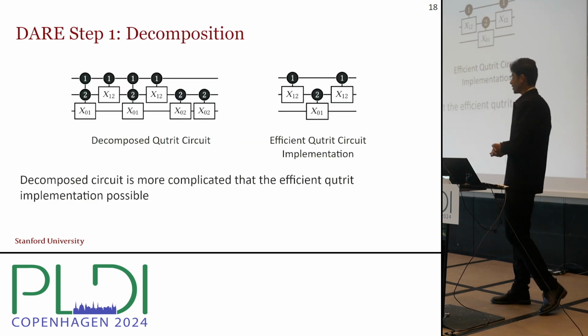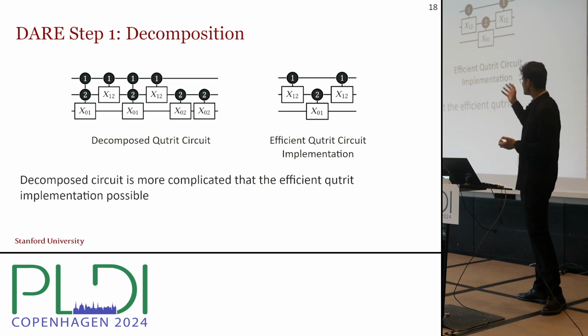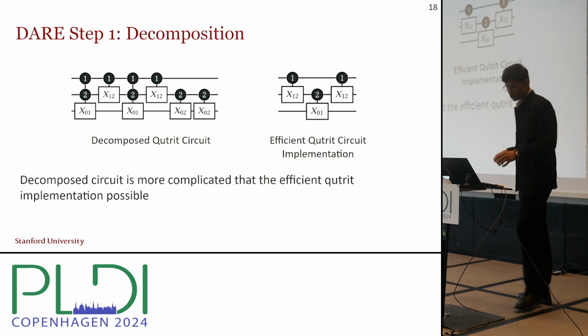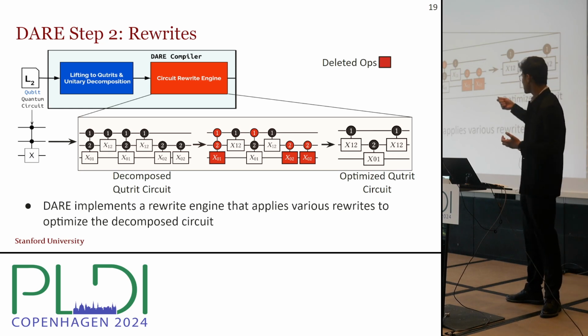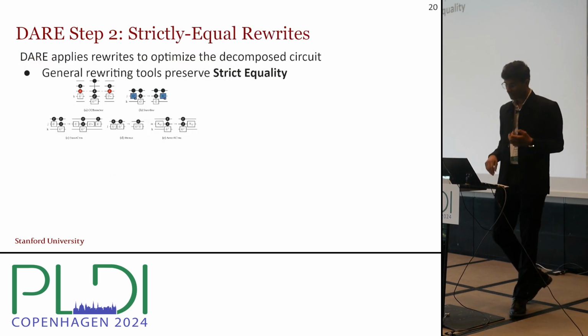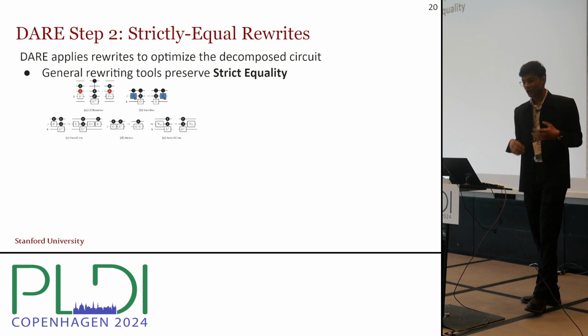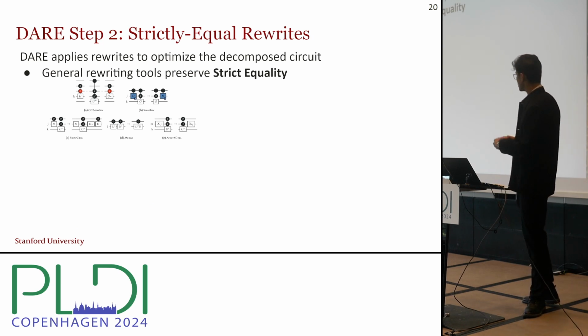So coming back to decomposition, you notice that the decomposed circuit is not really the optimized circuit we promised from DARE. So what's next? That's where DARE implements a series of rewrites to optimize this decomposed circuit to give you the final circuit by deleting a bunch of gates and controls. First, like most rewrite systems, we contain a bunch of strictly equal rewrites.